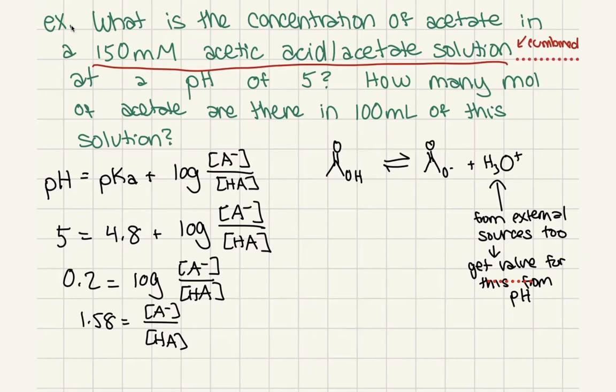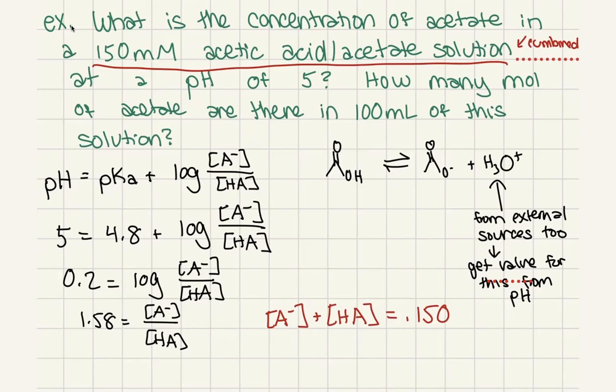But now we do, because we have this ratio right here that we just figured out. And so we know that A minus plus HA has to equal 0.150. And so we can write it in terms of just the acetate.